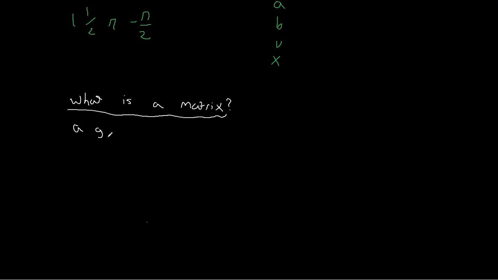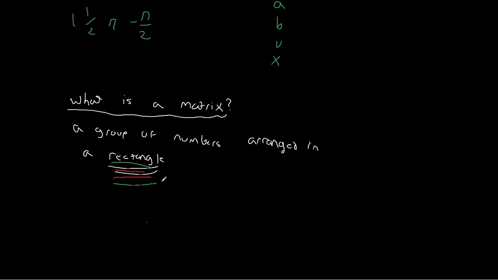It's a group of numbers arranged in a rectangle. And I'm underlining the word rectangle in multiple colors here. Right? Because I'm not using the word square, right? I'm not using triangle, right? It's a rectangle. And so what does this look like?